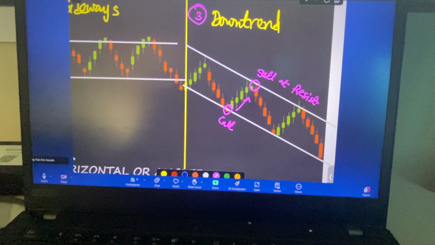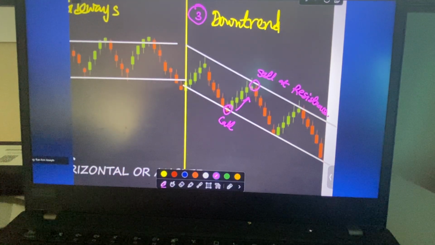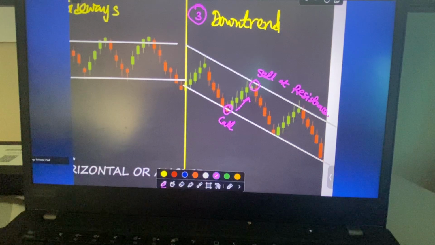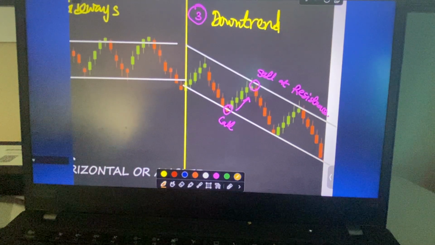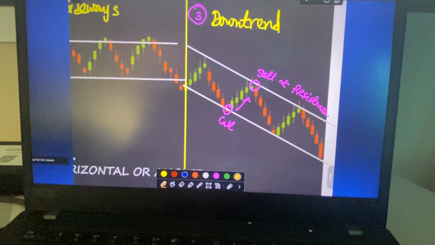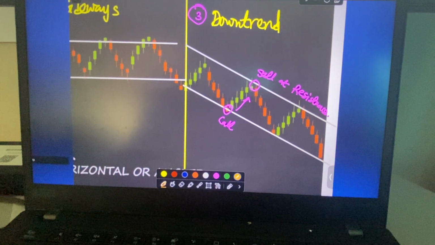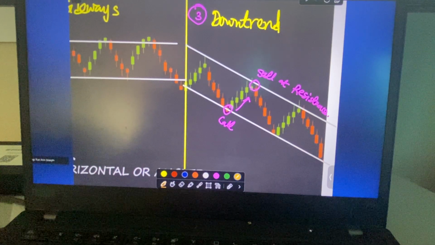Question: would you buy puts or calls on the downtrend? Which one would you do? I would buy... Okay, I see where calls would be on the up, but puts would be on the down. Again, okay. Yeah.